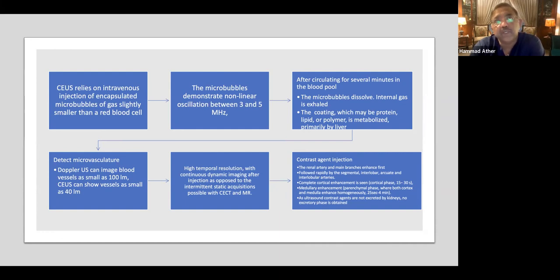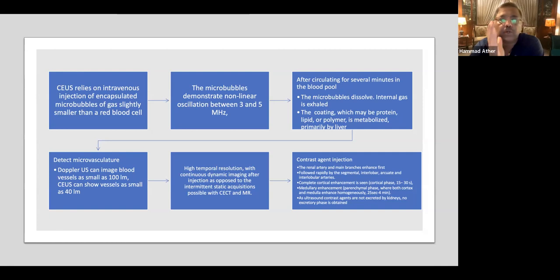After certain cycles of circulation in the system, these microbubbles dissolve. The internal gas is exhaled, whereas the coating, which may be of proteins or polymers, is metabolized by the liver. So essentially, there is no renal excretion of this contrast agent. Microbubbles are exhaled through the lungs, and the polymer coating is metabolized by the liver. So there is no direct impact on the kidney.